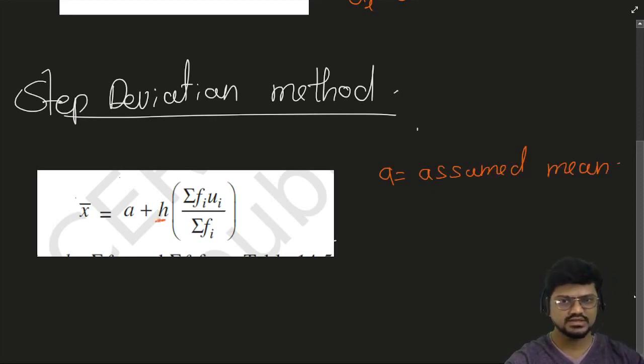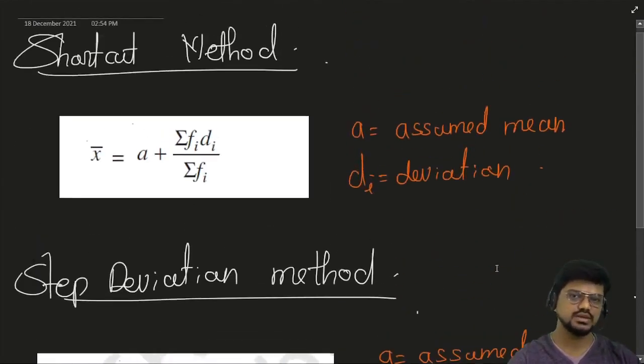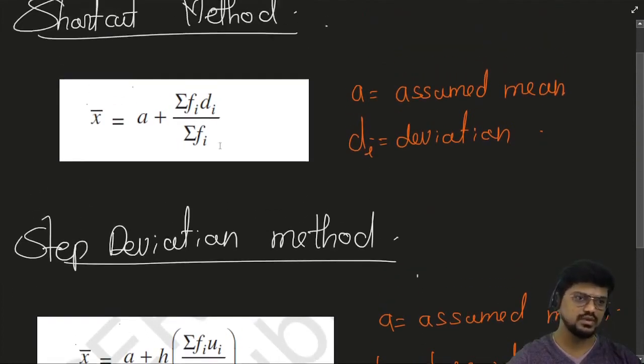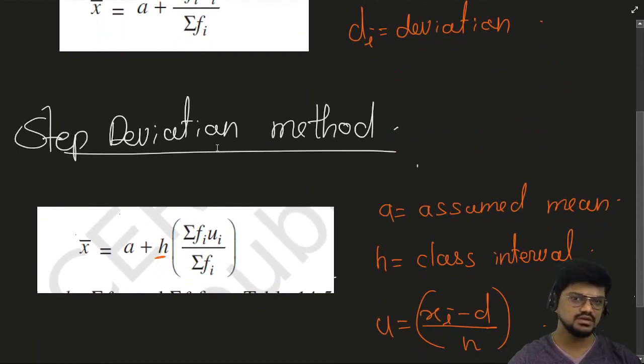Over here this h is your class interval, and u is xi minus a, the deviation, divided by the class interval. That also I'll explain properly in the example. With these two methods we are going to solve the further sums. Please note down these formulas. In the shortcut method this is the formula, and in the step deviation method this is the formula.